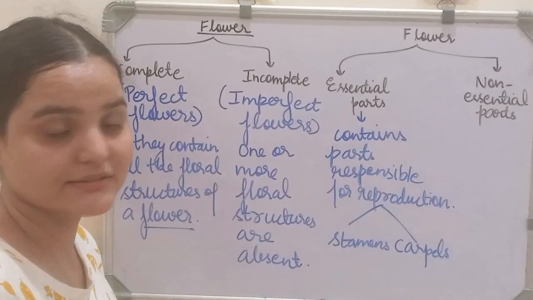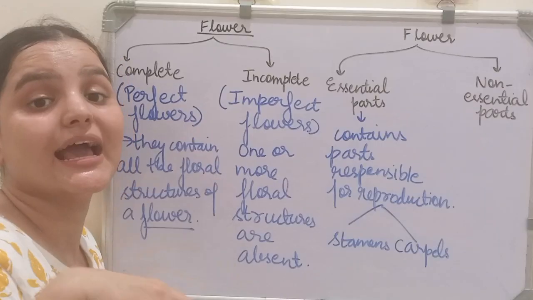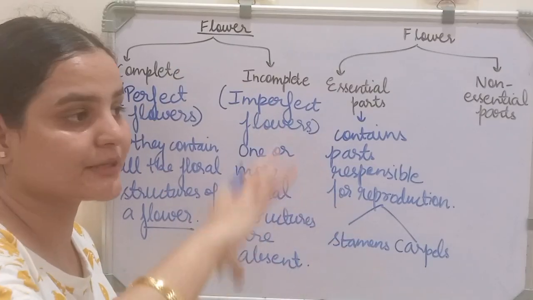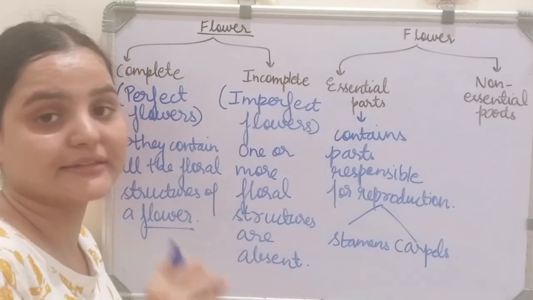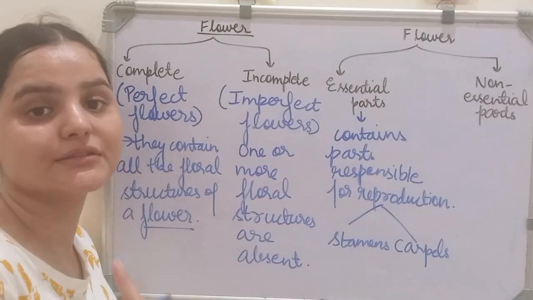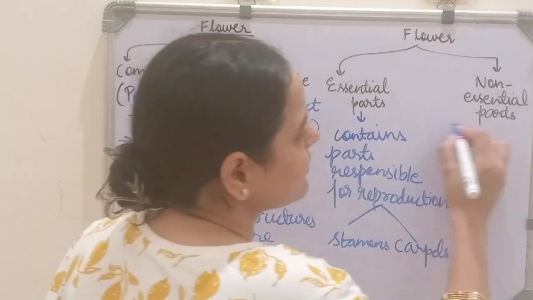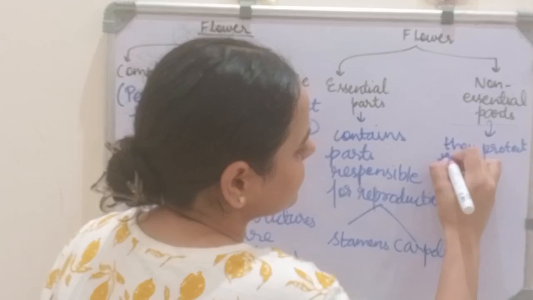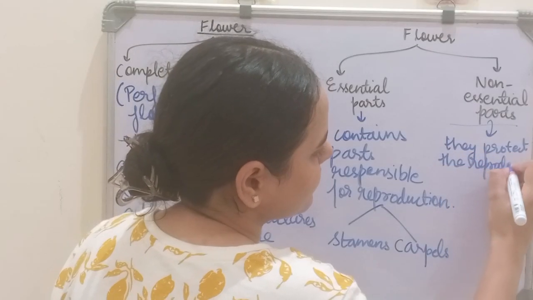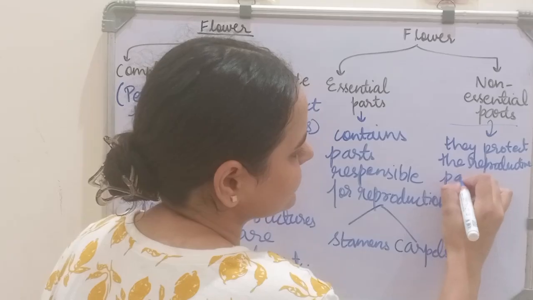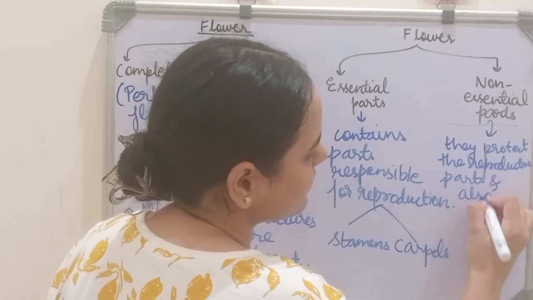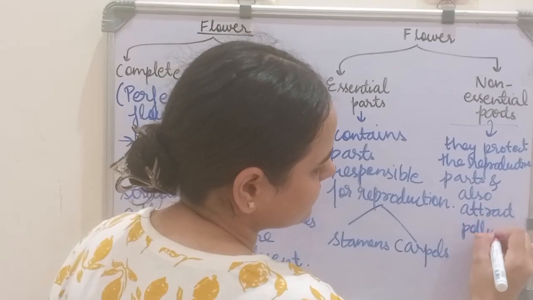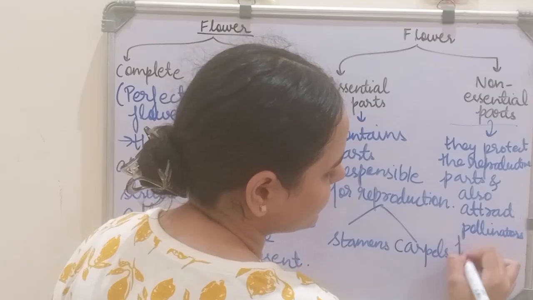Now non-essential parts are the parts of the flower that help in reproduction, or generally they protect the reproductive parts of a flower, and they also attract the pollinators for pollination.